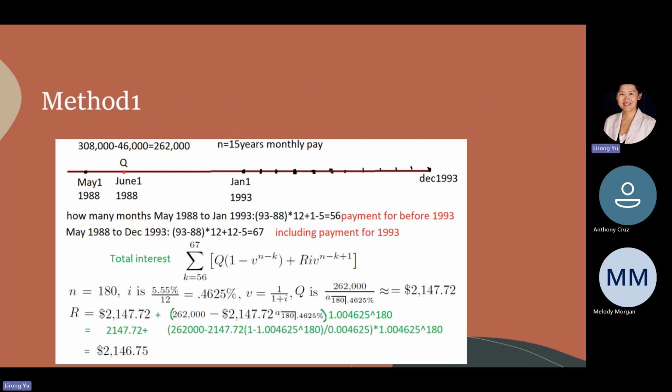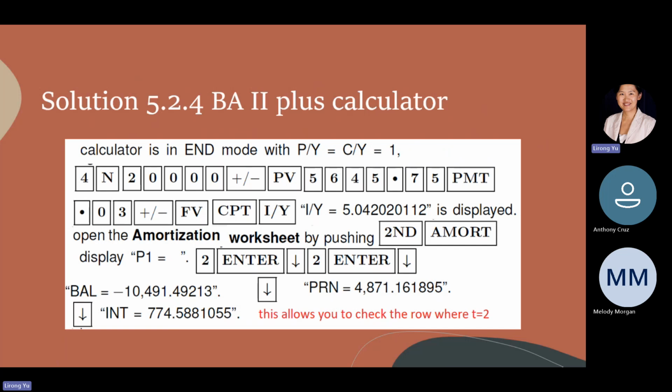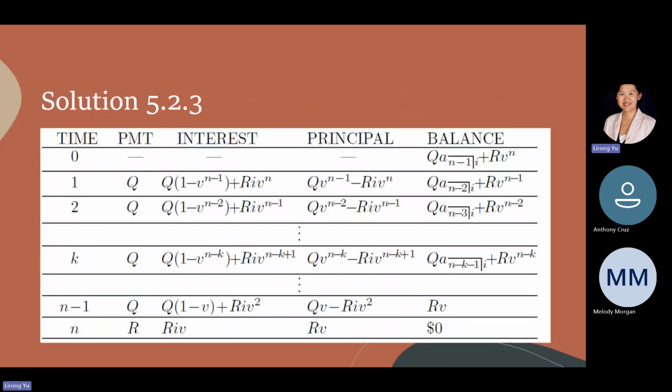This calculation actually applies to the total interest from 56 to 67, right? So this is what we are using. We're using the interest formula in our amortization schedule, which is over here. Look at the interest column. That's what we're going to focus on.